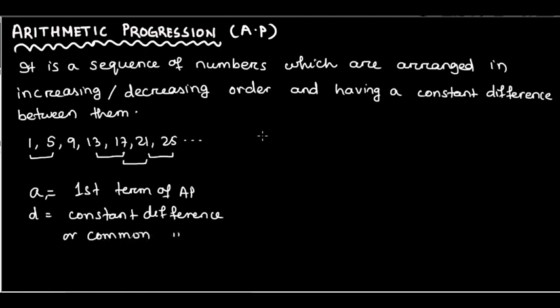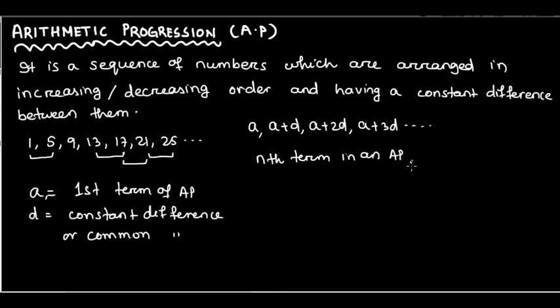Then the series of numbers will be A, then A plus D, then A plus 2D, then A plus 3D, and like this. So what is the formula to find the nth term in an AP?